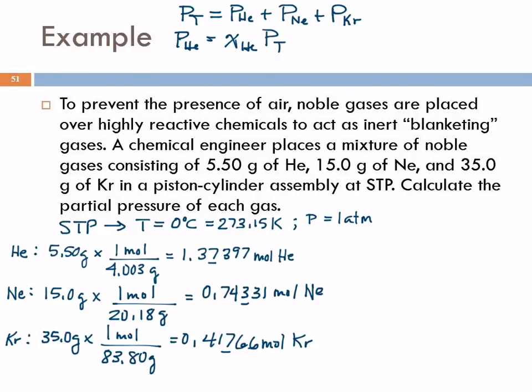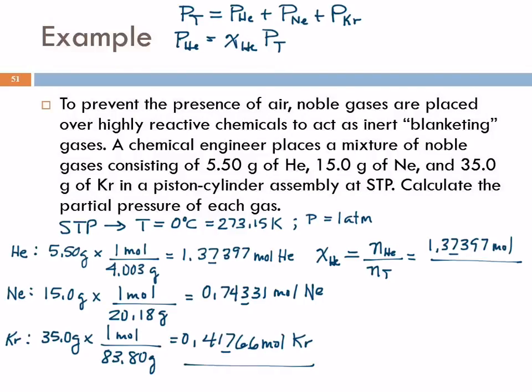Well, the mole fraction of helium, that's the moles of helium divided by total number of moles. So moles of helium is 1.37397 moles. And that's divided by the sum of all three of these.